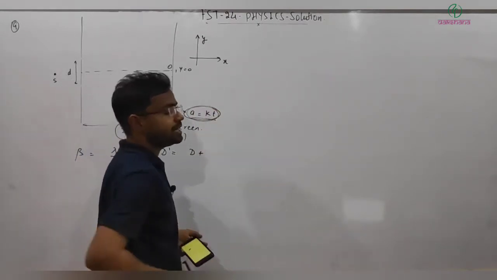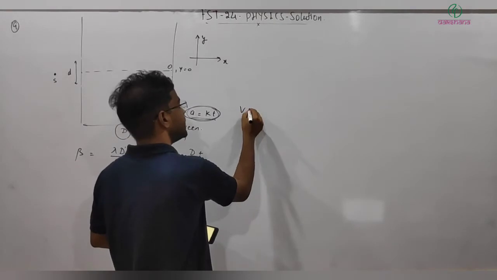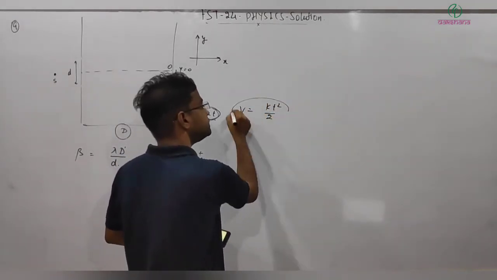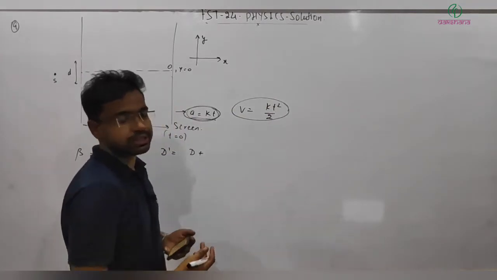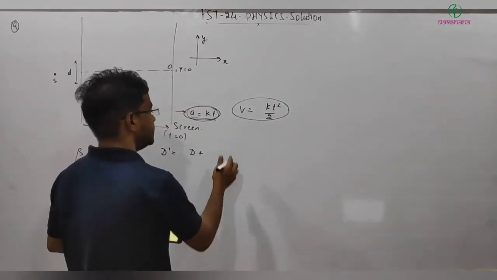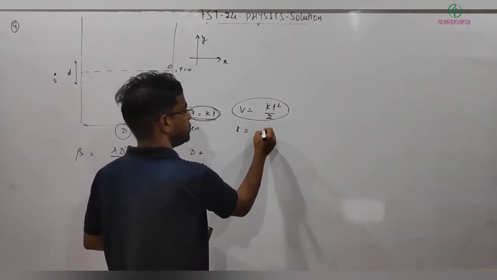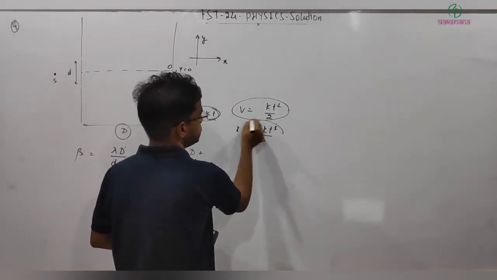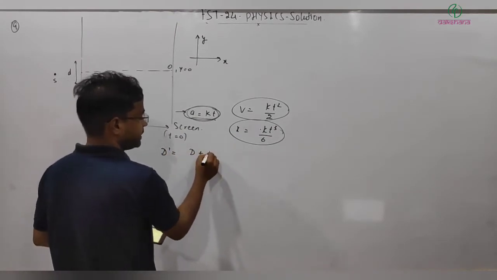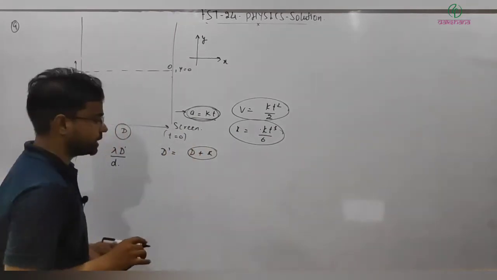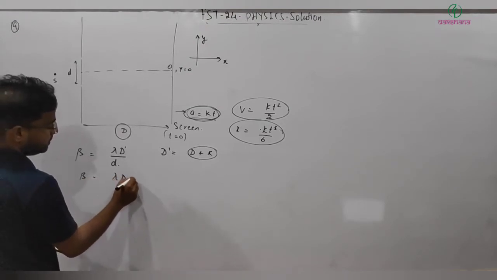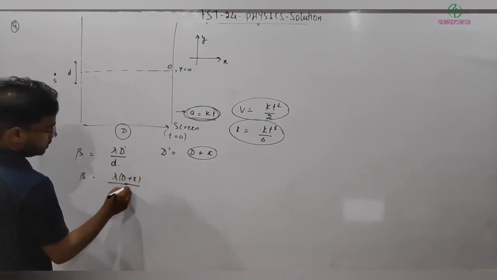Acceleration is given as a function of time, so velocity is k t² by 2, since it starts from rest at t equal to 0. Then the x displacement is k t³ by 6. So D prime is D plus x. Clear? Then beta is equal to lambda (D plus x) divided by small d.